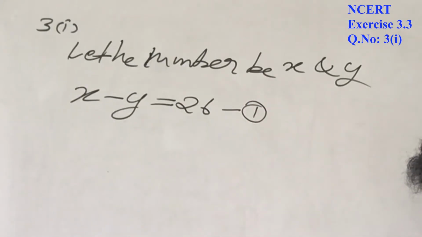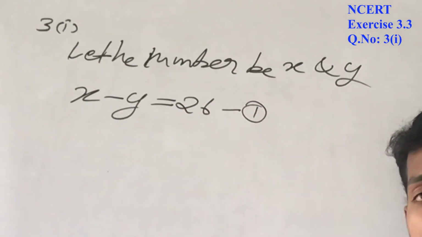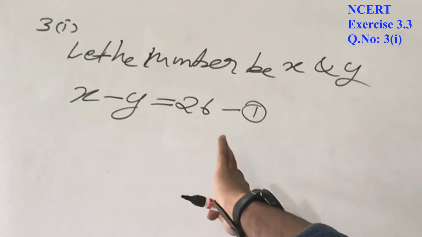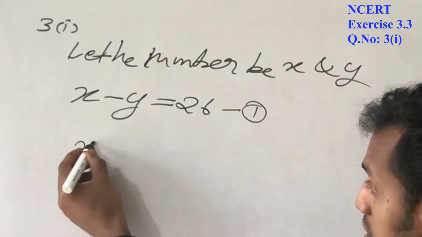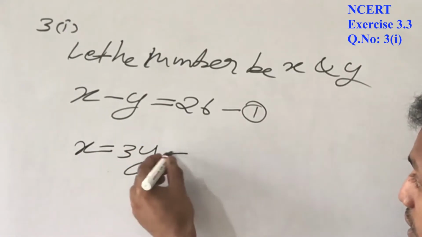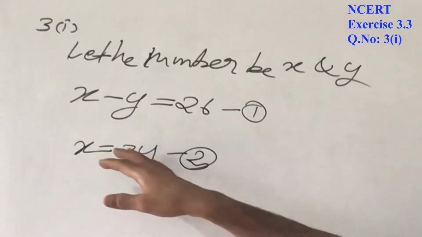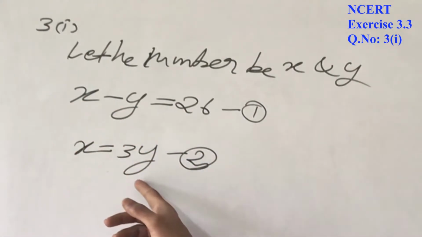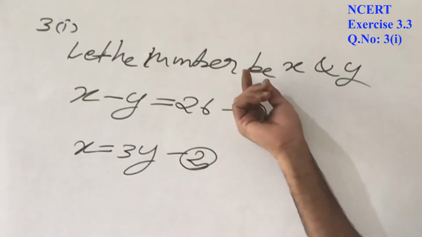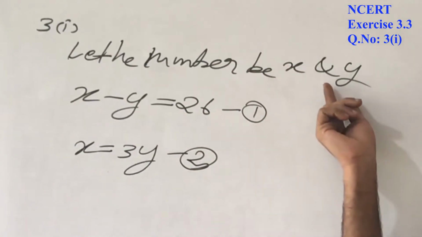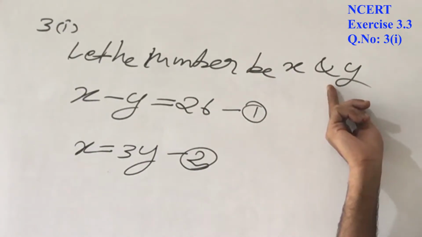And what is the second condition? One number is 3 times the other. That means the greater number is 3 times the smaller one. That is x is equal to 3y, equation number 2. Clear? We cannot write y equal to 3x, because here we already assume that x is the greater number and y is the smaller number.